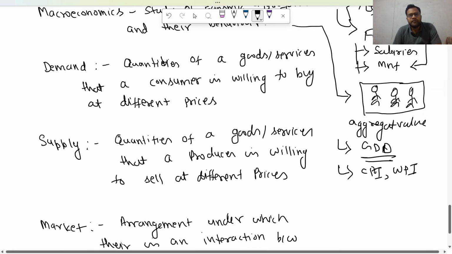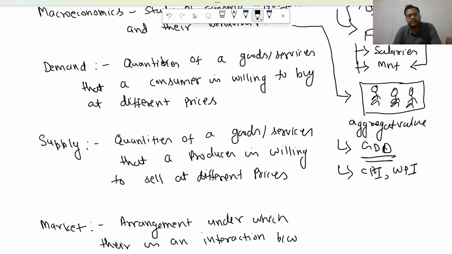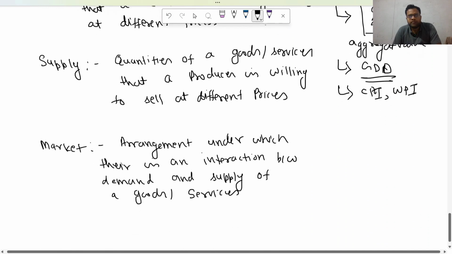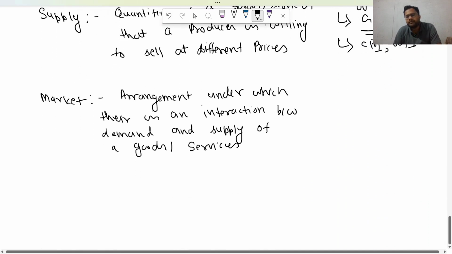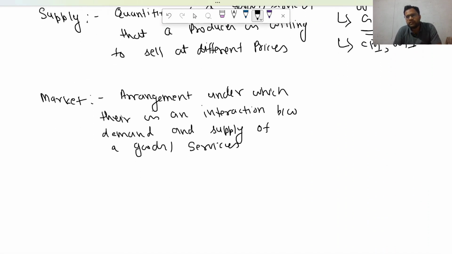Quantities of a good and service that a consumer is willing to buy at different prices. That is the demand for that good. Let's say, for example, there is a group of consumers, let's say 100 people.